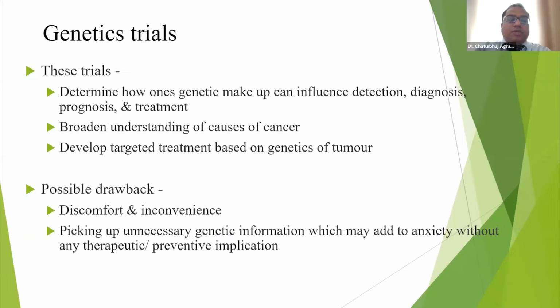The possible drawback is picking up unnecessary genetic information, which may add to anxiety without any therapeutic or preventive implication. That is another drawback of doing non-selective NGS. A lot of the time we pick up unnecessary genetic mutations and genetic information for which we are not conveying anything to the patient. So these are the major drawbacks of these genetic trials.